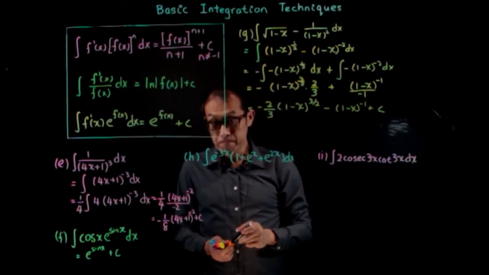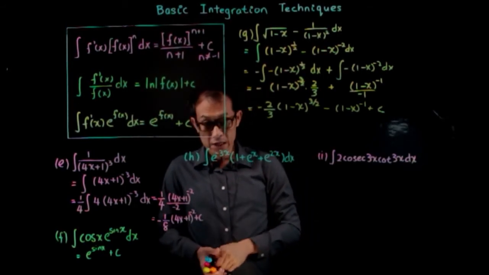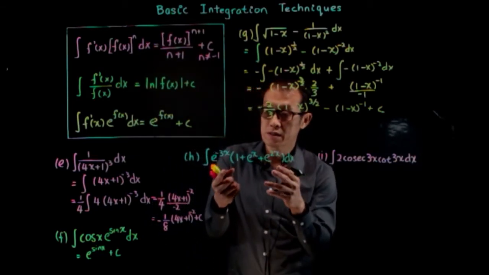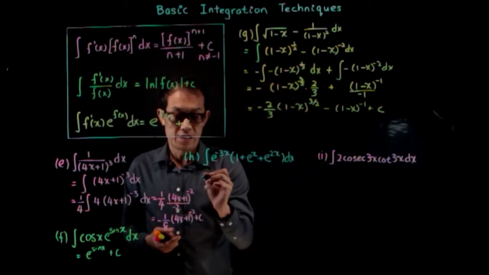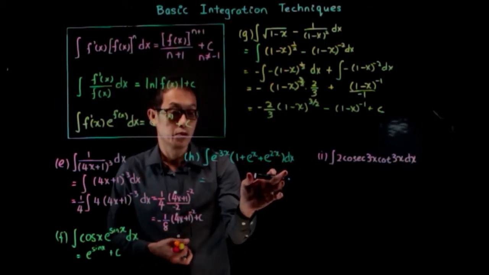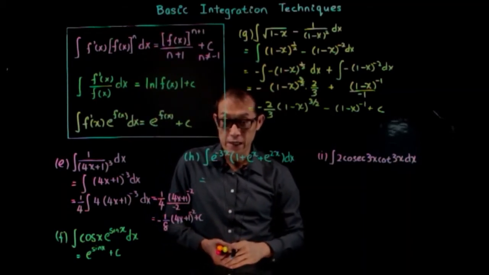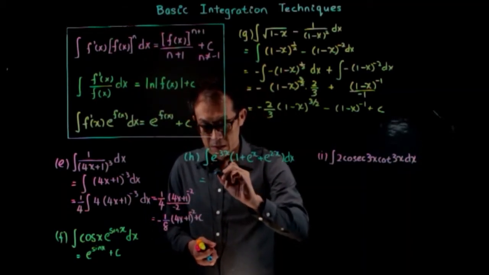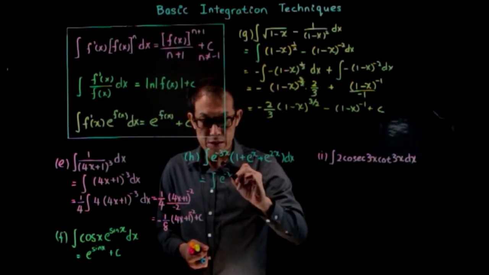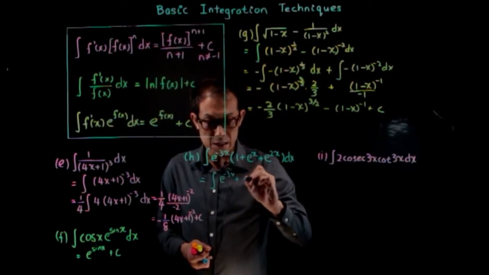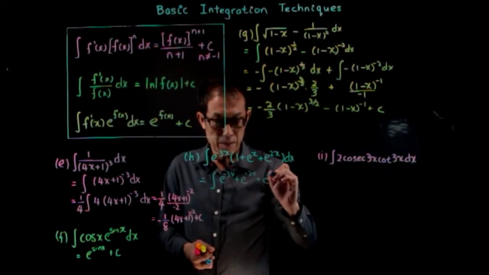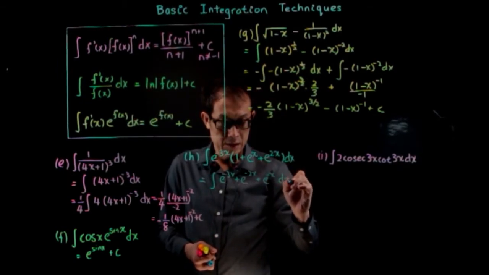Now for this, let us multiply it out, because this is a product of 2, and this is not the differential of whatever is inside. So it's easier if you multiply them out. So you got e to the power minus 3x plus e to the power minus 2x plus e to the power minus x dx.